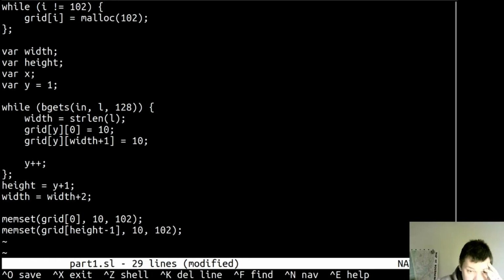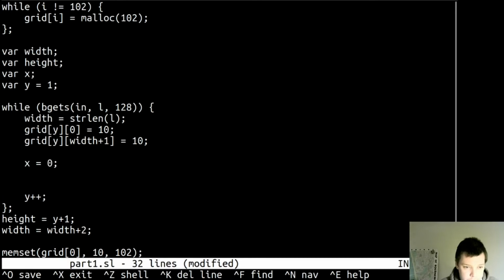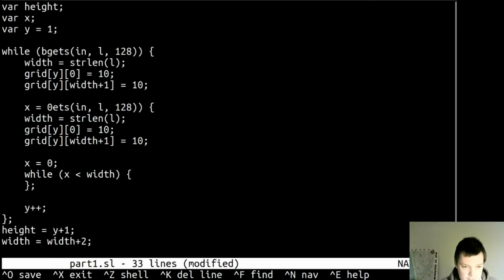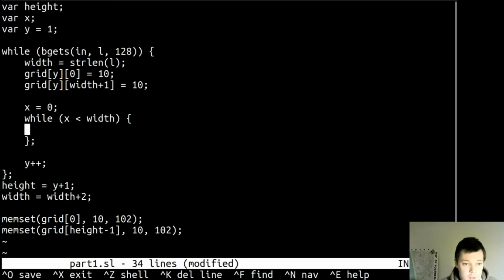So we have a 10 at the start, 10 at the end. To increase y, we need to go... so width at this point refers to the length of the line, but later on we'll refer to the size of our grid. So we want grid y x plus 1 to be equal to lx minus 0.